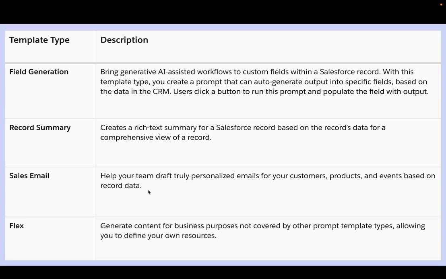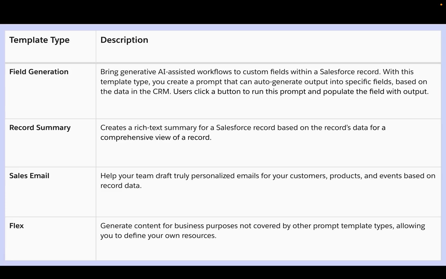Last but not the least, Flex. The Flex template type is for business purposes that don't fit neatly into other predefined categories. It gives users the flexibility to define their own resources, structure, and requirements for content generation, and this is highly customizable and can be tailored for almost any business need.